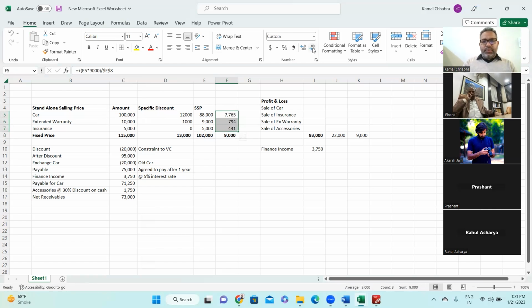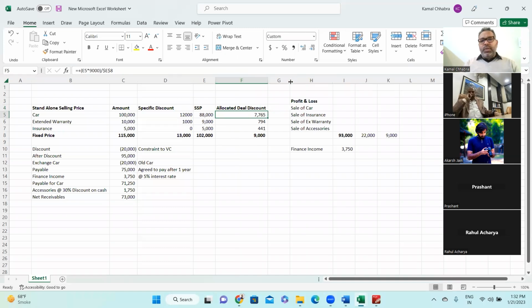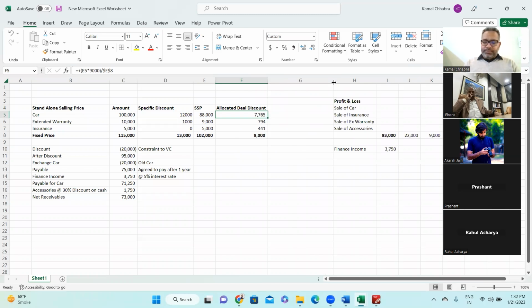Have you understood the math? How I calculated the discount? Yes, sir. Allocated deal discount. So allocation of deal discount, this $9,000 you have allocated in this manner.